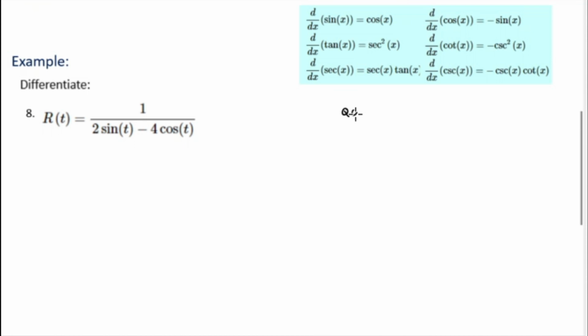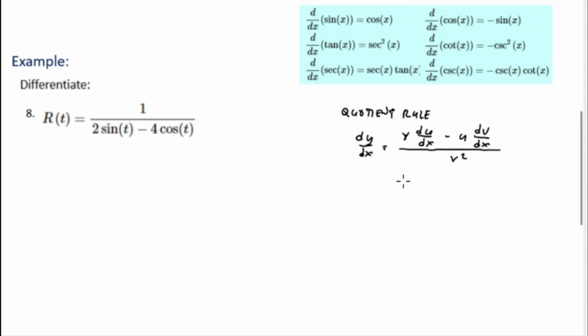So the quotient rule: we have dy over dx, which is equal to v du over dx minus u dv over dx, divided by v squared.